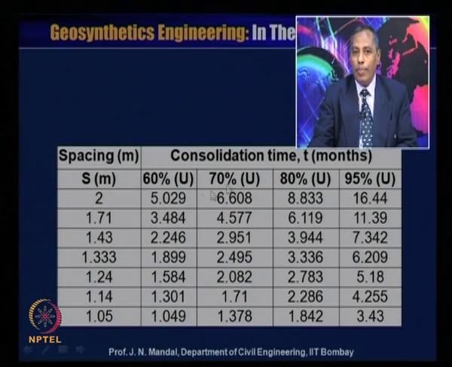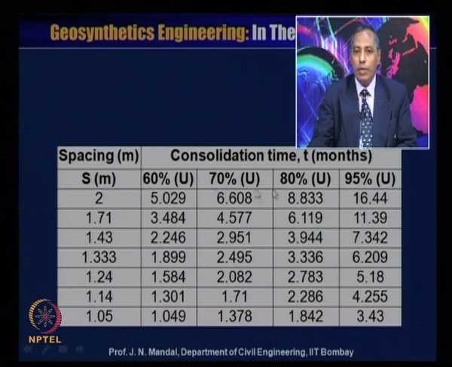Similarly, with the same spacing, if you want 70% U, you put this value, so you can obtain 6.608. For 80% U, you can have a consolidation time of 8.833 months. For 95% U, the consolidation time is 16.44 months.